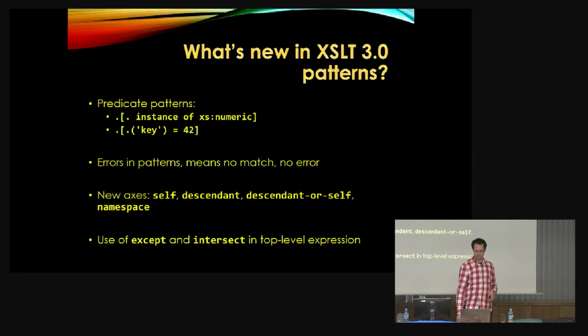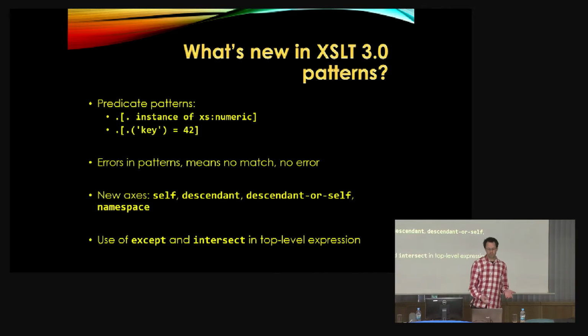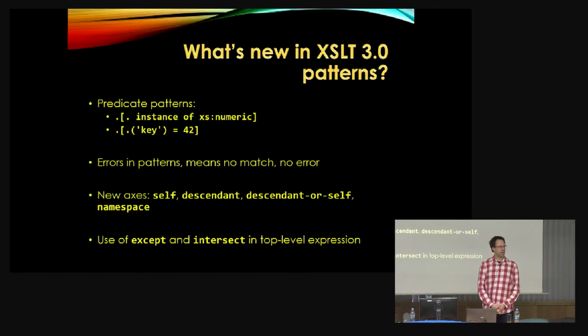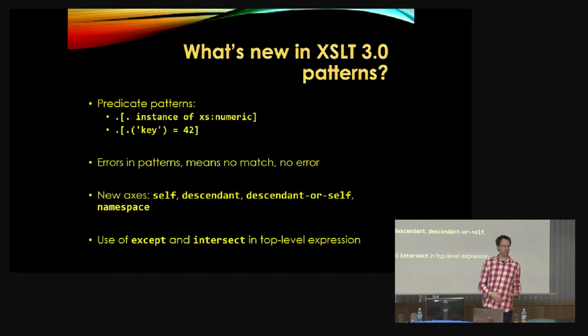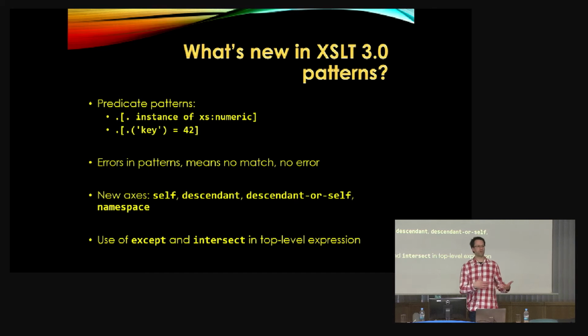Nothing new there. Now, let's see what's actually new in XSLT 3. We made one very big design decision while working on the standard: applying templates to non-nodes. And to match over such non-nodes, atomic items, anything else, functions, maps, we came up with the idea of predicate patterns.